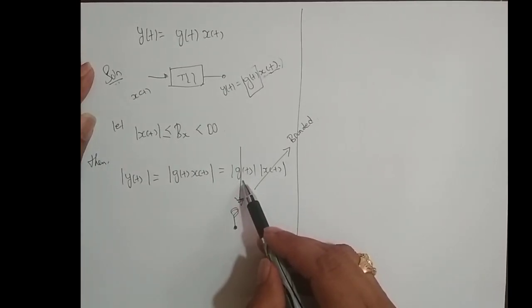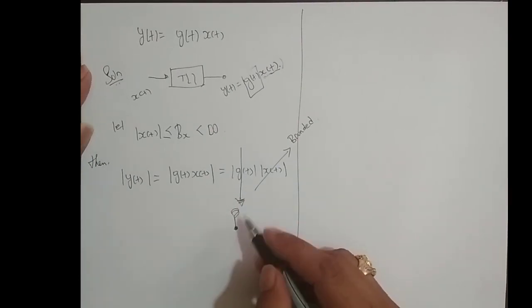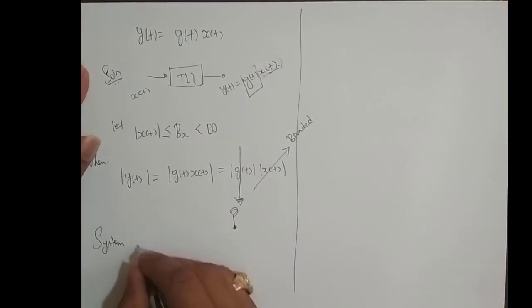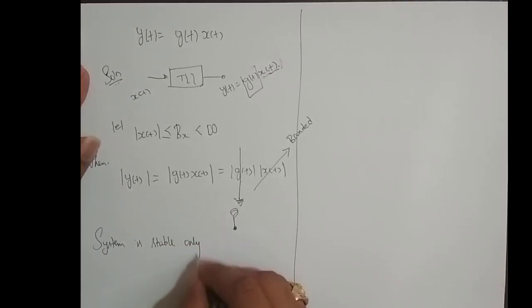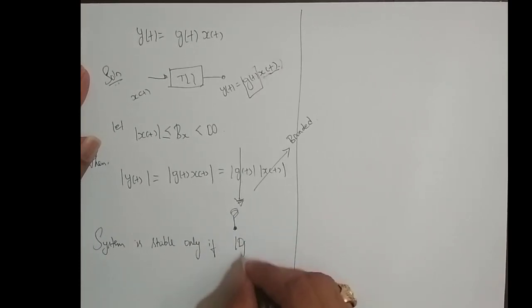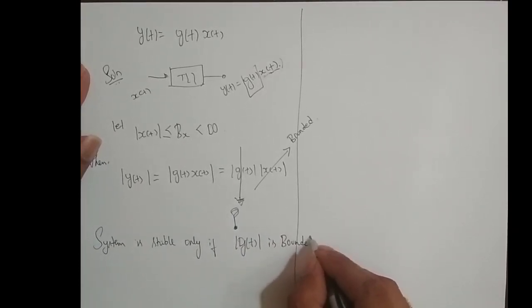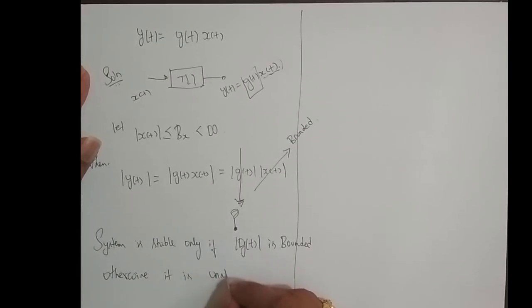If the magnitude of the signal g of t is bounded, then the system is stable. Otherwise, the system is unstable. Okay, so system is stable only if magnitude of g of t is bounded. Otherwise it is unstable.